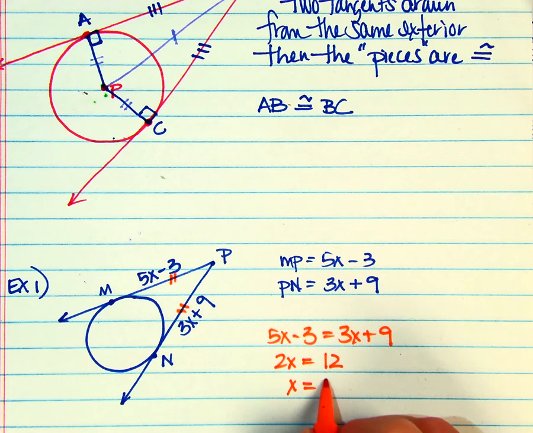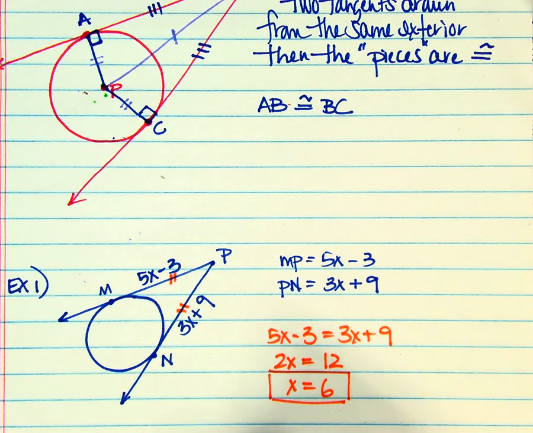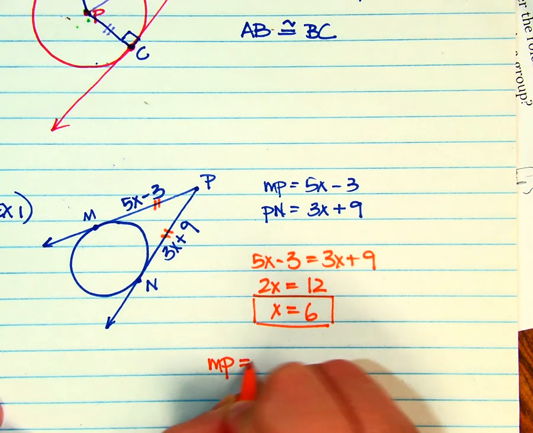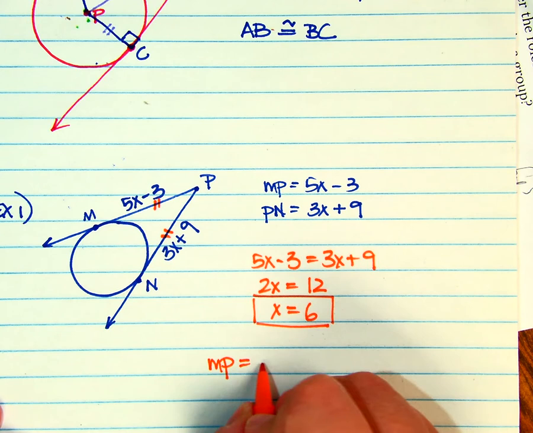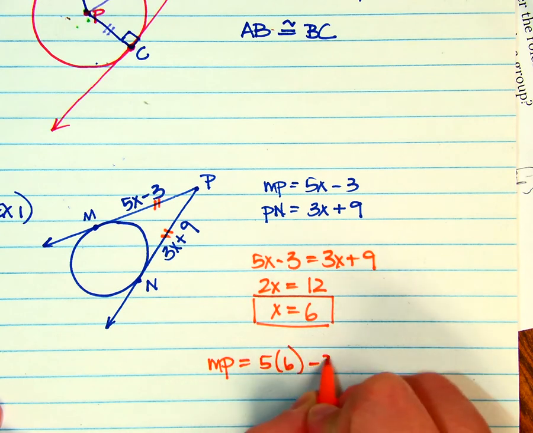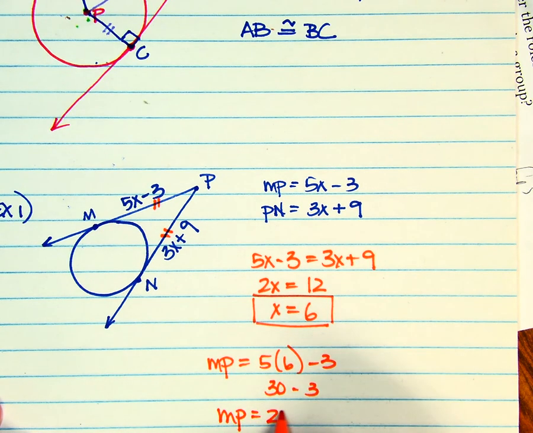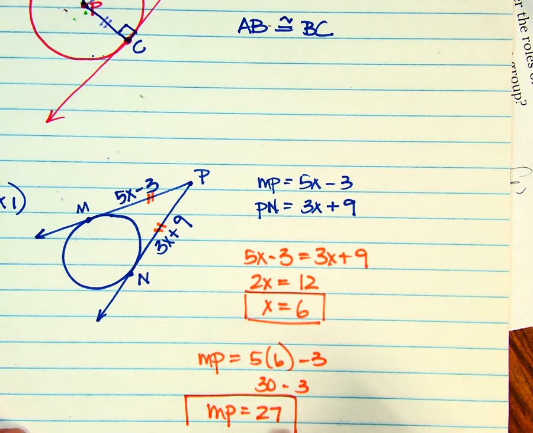Means x equals 6. So if we went one more step and found the length of MP, this is where we have to go back and plug it in. So 5 times your 6 minus 3, 30 minus 3 gives me that MP equals 27.